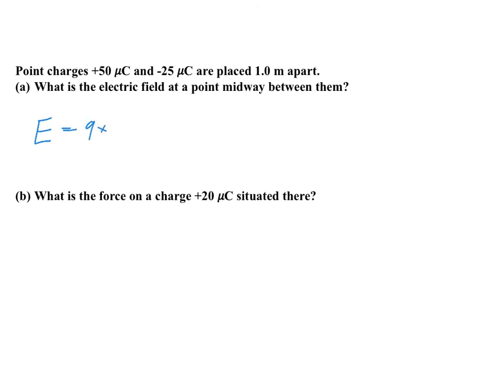So we'll have our 9 times 10 to the 9th k factor going on there. But we need to sum up the influence of two charges producing their fields. We need to add that up.